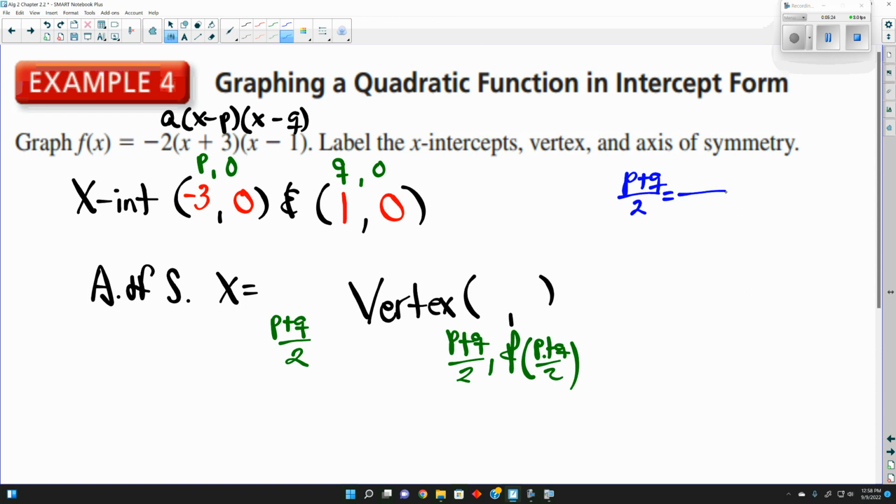So what's p and q? We just add them together. Negative 3 plus 1 is negative 2, over 2, so the x value of the vertex, which is the axis of symmetry, is x equals negative 1.